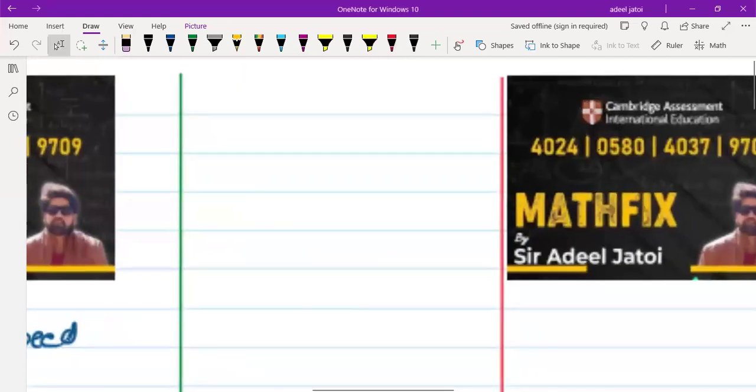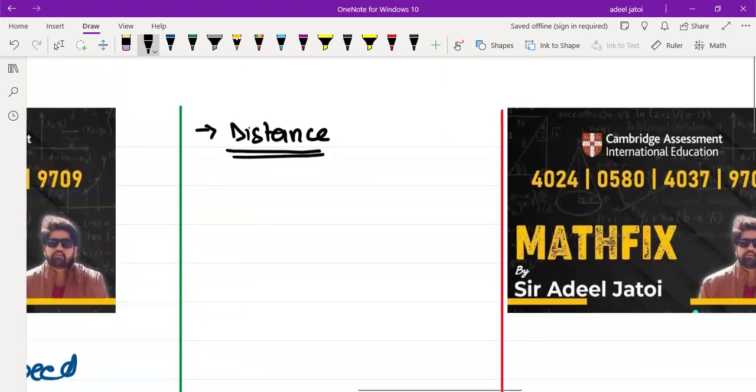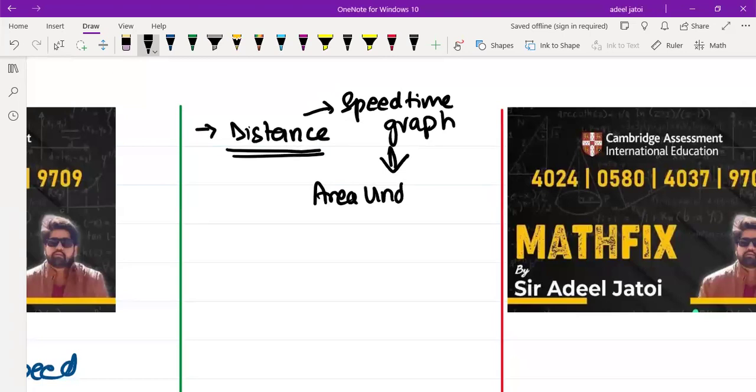Now, with the help of the speed time graph, the third thing is to find the distance. That means distance in the speed time graph is basically calculated through the area under the line.